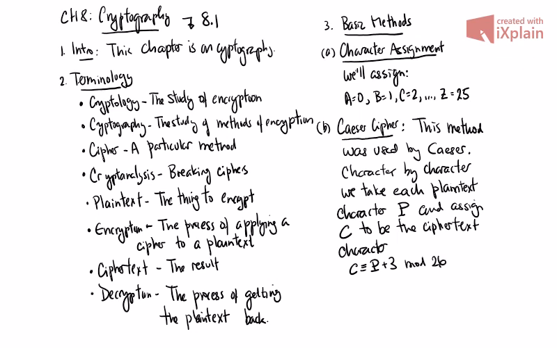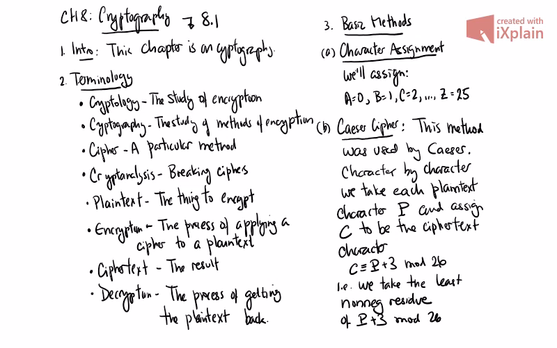Just to be clear, this is sort of an equation, but we're thinking of it as an assignment. So really what we're doing here is we take the least non-negative residue of P plus 3 mod 26. And we do this character by character, and then we convert the result back to letters.